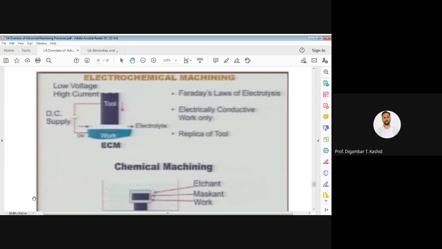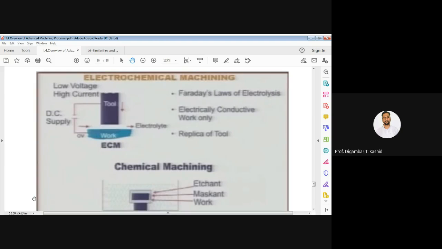Remember that this electrochemical machining process is totally a reverse of electroplating. In simple words, it is a reverse of electroplating. How electroplating works, we know from Faraday's law of electrolysis, which we are also going to learn at that time: the electrolysis process and Faraday's law, and then we move towards the electrochemical process.